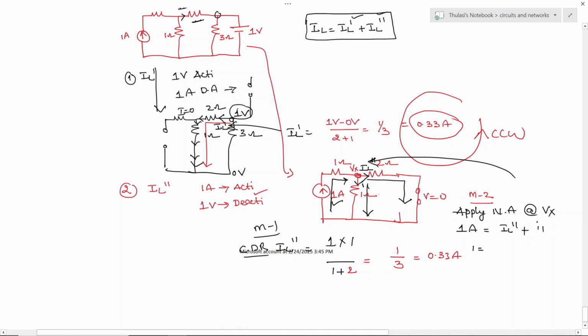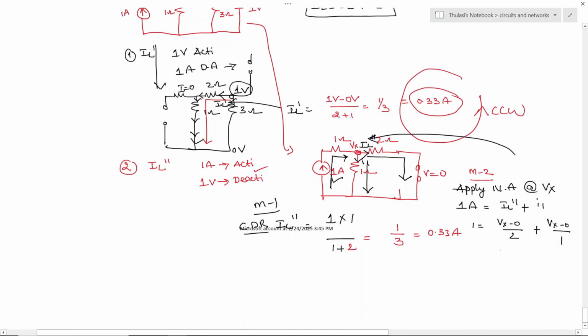So 1 is equal to, how to write IL double dash? Vx minus 0 divided by 2 plus, how to write I1? Vx minus 0 by 1. When you solve it, 1 is equal to Vx by 2 plus Vx. So 1 is equal to Vx of 1 by 2 plus 1.